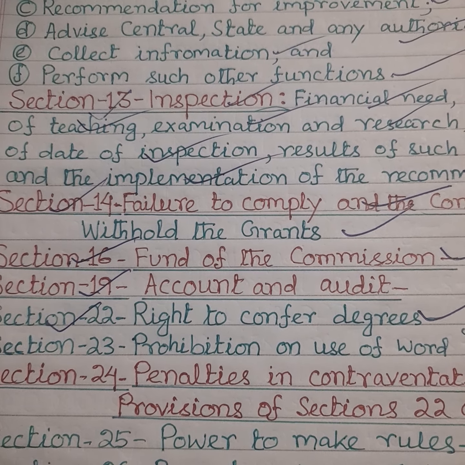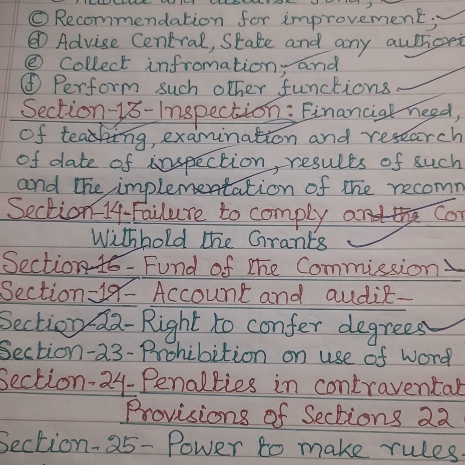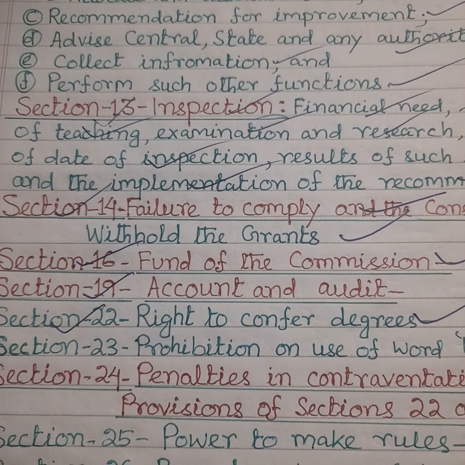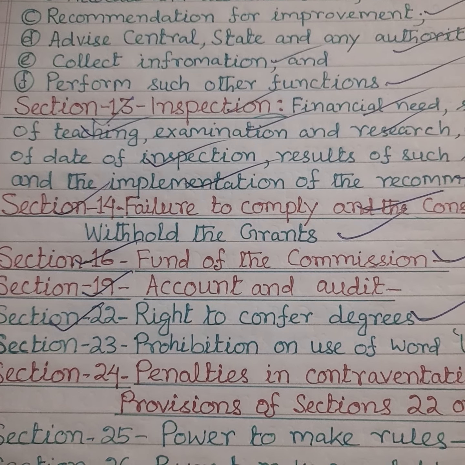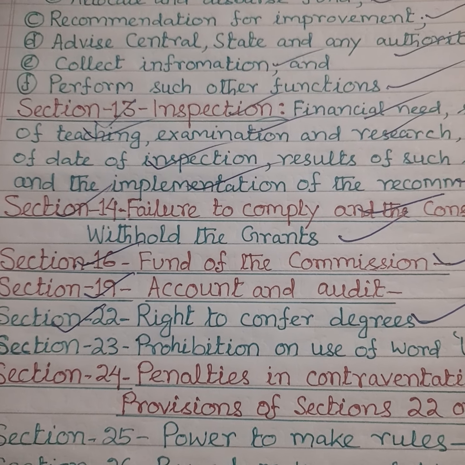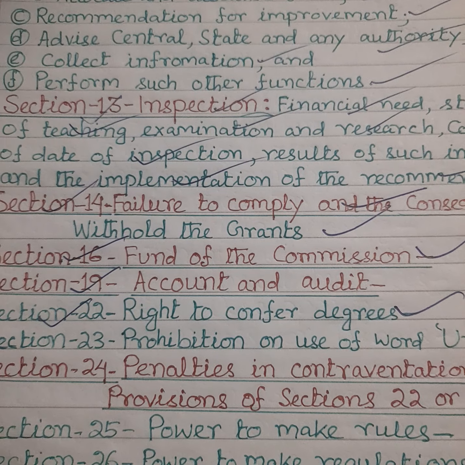It is also provided in subsection 1 that no person or authority shall confer or grant, or hold himself or itself out as entitled to confer or grant, any degree.